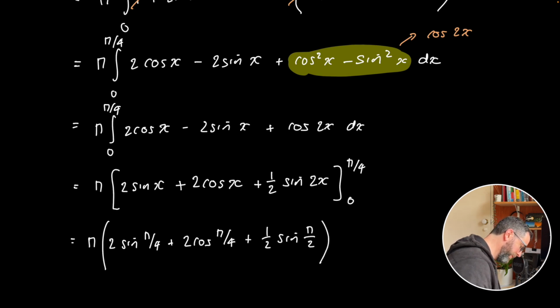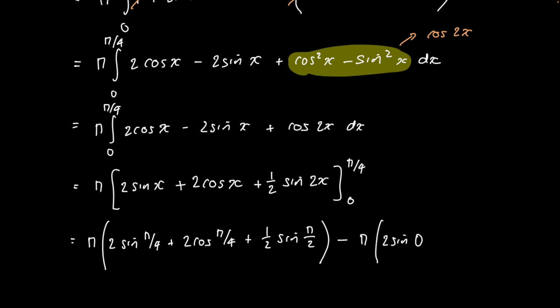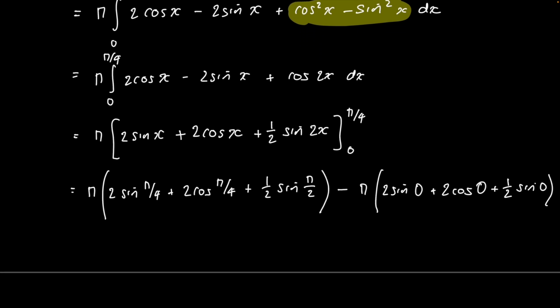That's the pi over 4 bit, because twice pi over 4 is pi over 2, minus, pi is still there, don't forget that one, 2 sine 0 plus 2 cos 0 plus 1/2 sine 0. Okay, and now we just fill in the bits and pieces that we know.